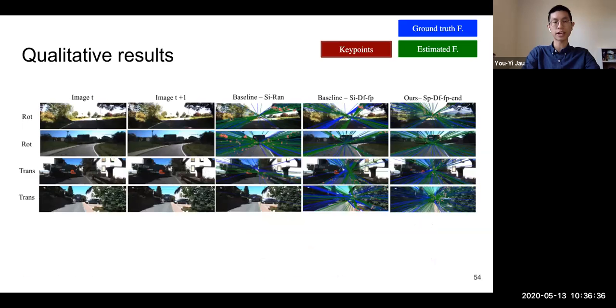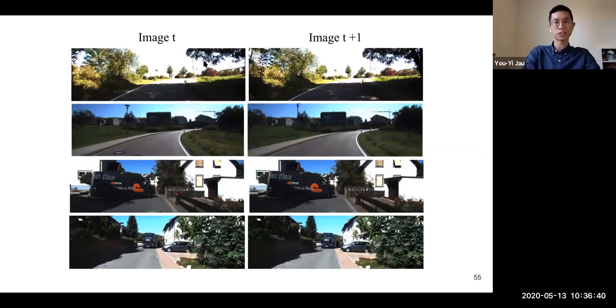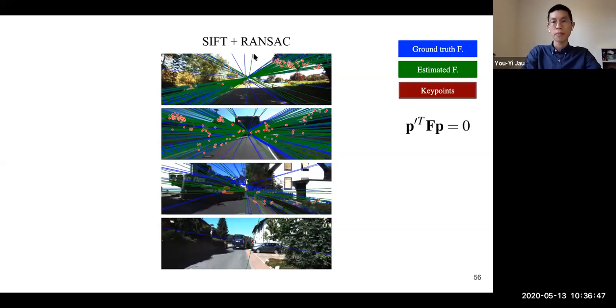Let's first look at the qualitative results. Given a pair of images, we want to estimate the relative pose between the two images. And we plotted out the epipolar lines from the fundamental matrix. The epipolar lines are plotted using this epipolar geometry equation here.